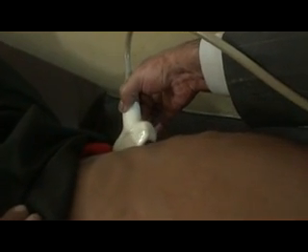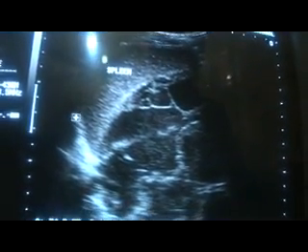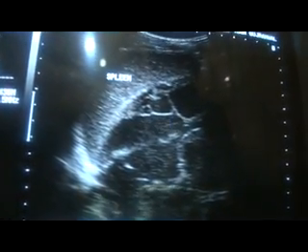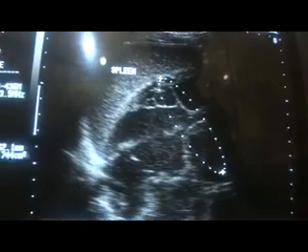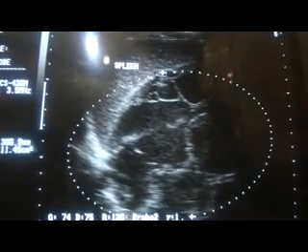I am almost in the axilla to get the spleen. So this is from where I am getting the spleen. This is the spleen. Spleen is normal. This is the left diaphragm, part of the left diaphragm. Its echogenicity is normal, and this is a part of the mass that we are studying.